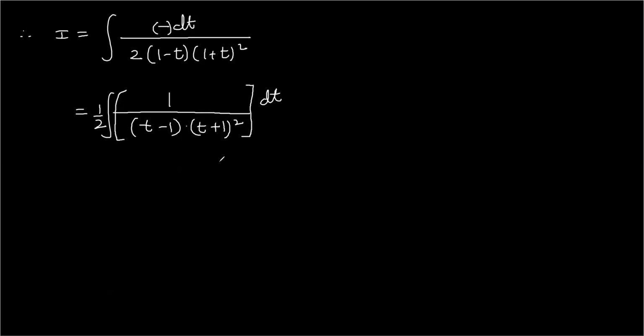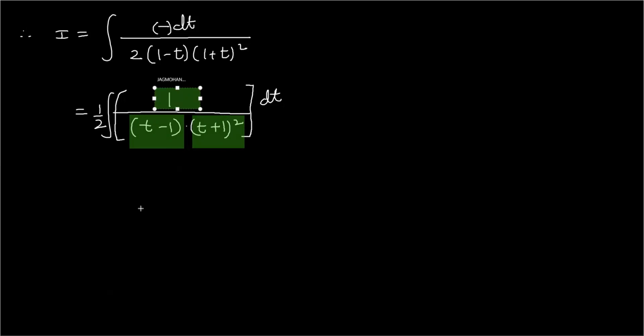See, first of all, it is a rational fraction. In the denominator, if I multiply these two brackets, it will give me a polynomial in the denominator. And the numerator is 1.